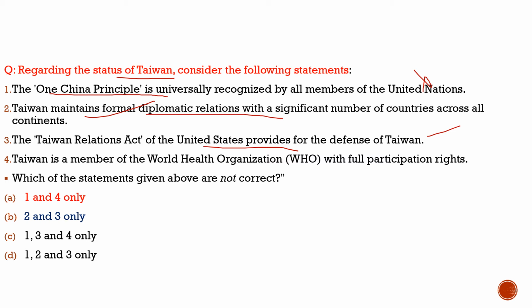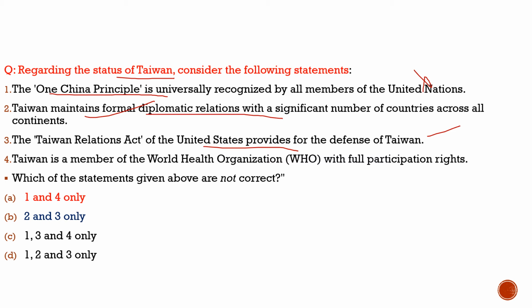And why are we discussing this topic? Because Donald Trump has argued that Taiwan should buy more defense and military arms from the US.